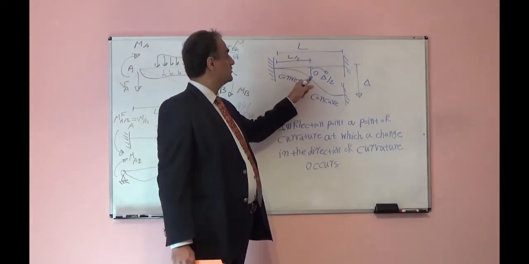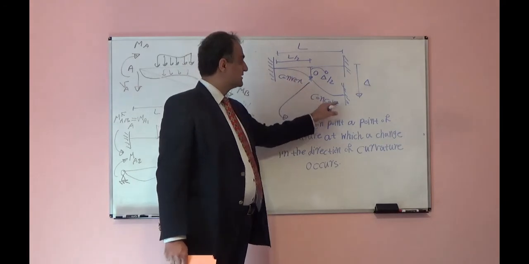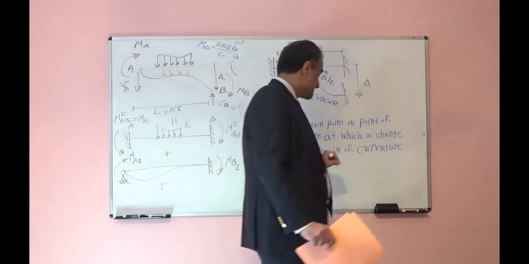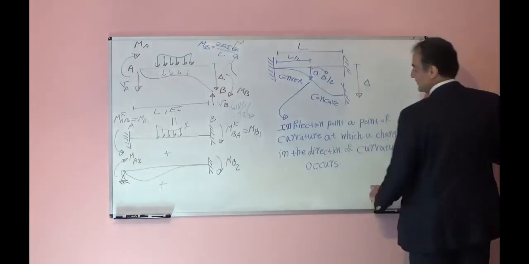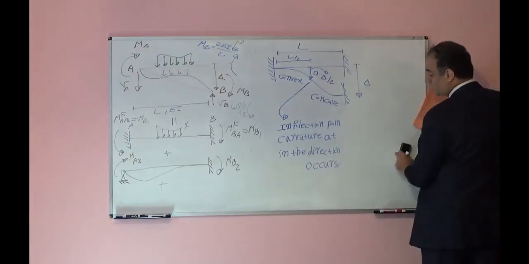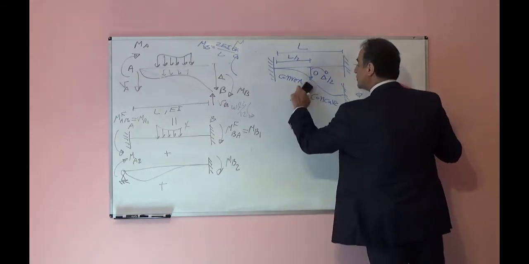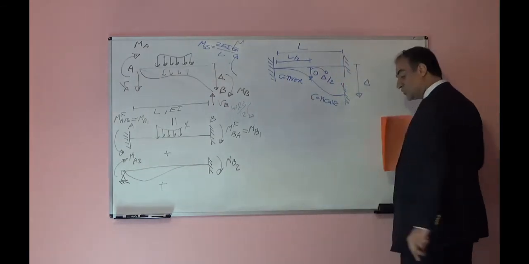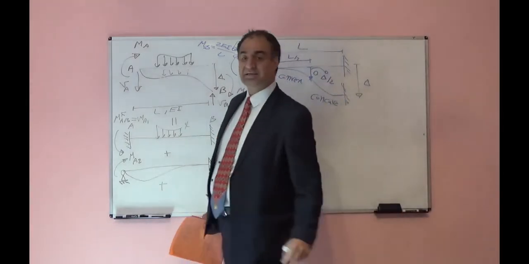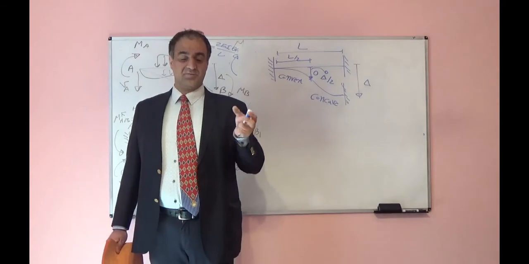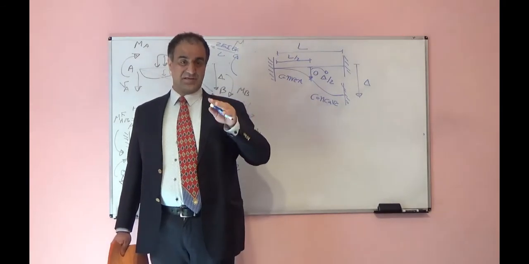So at point O, it goes from convex to concave. So the curvature at point O should be equal to 0. We call it the inflection point. The inflection point is a straight point. There is no curvature over there, which means the internal moment at that point should be equal to 0, because internal moment will create curvature.